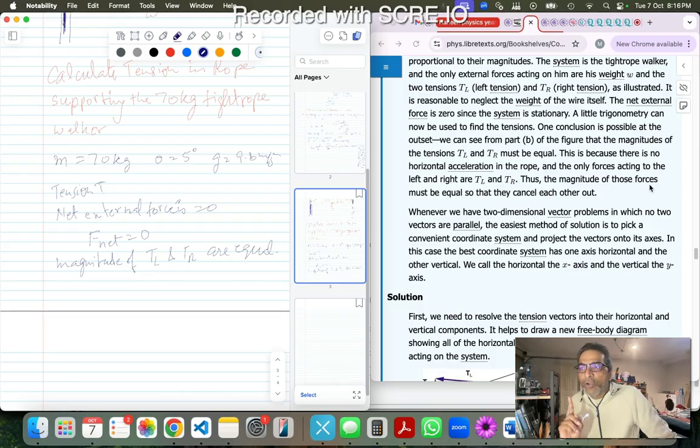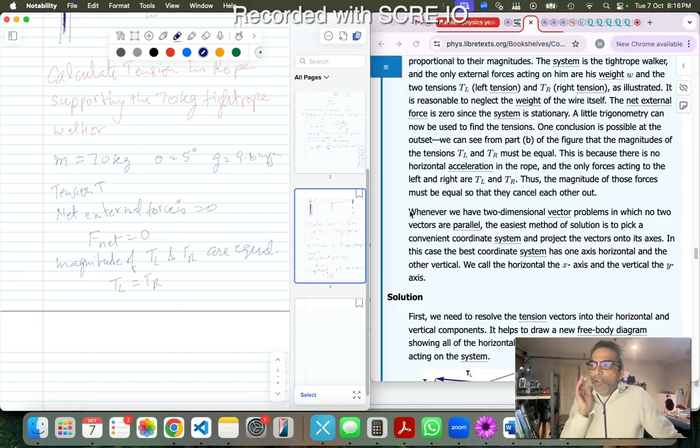Thus, the magnitudes of those forces must be equal so that they cancel each other out. Because there is no horizontal movement, TL equals TR. To show the magnitude, we use the modulus operator.